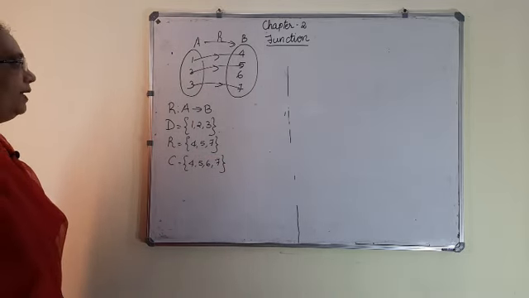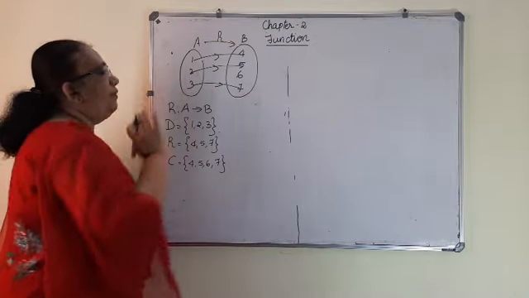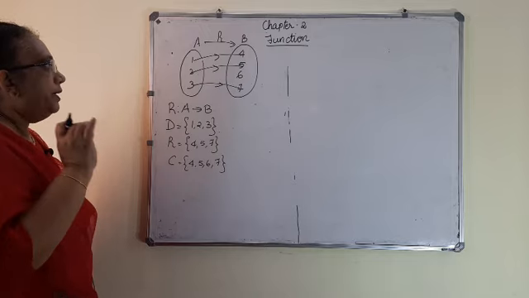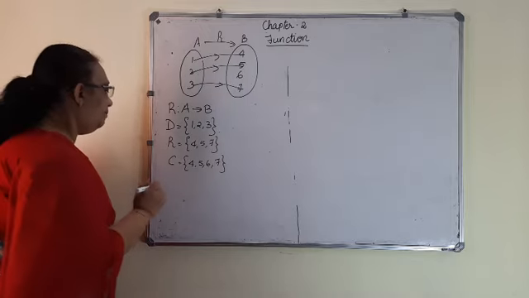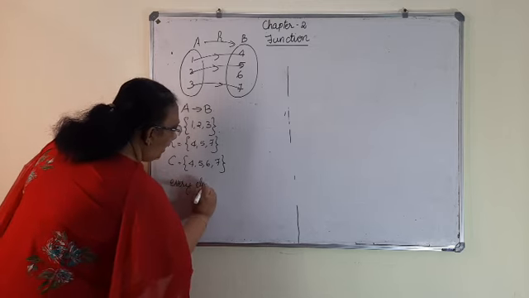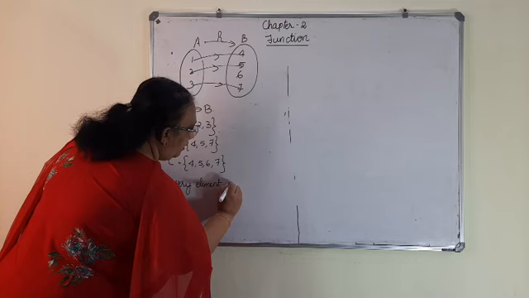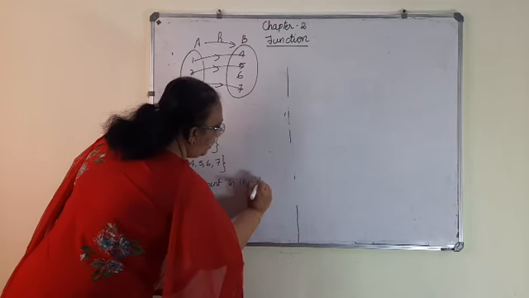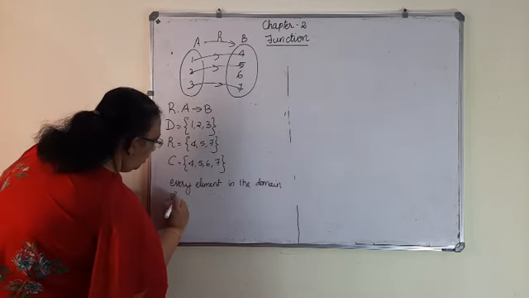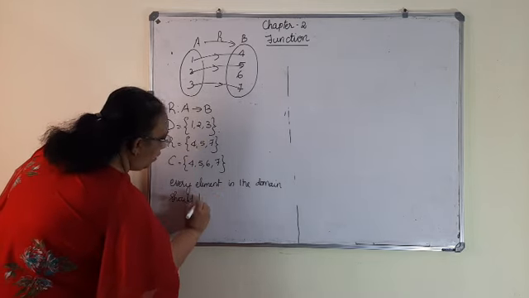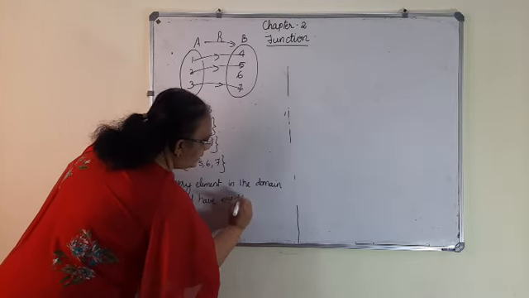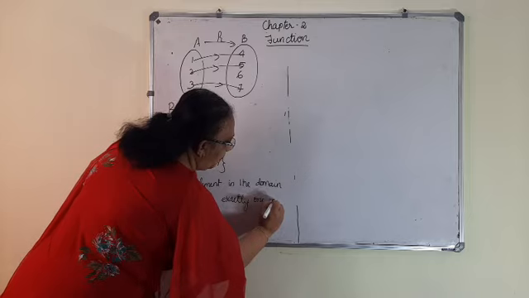Now, when can you say that this relation is a function? When every element of the domain set has exactly one image. Every element in the domain should have exactly one image.